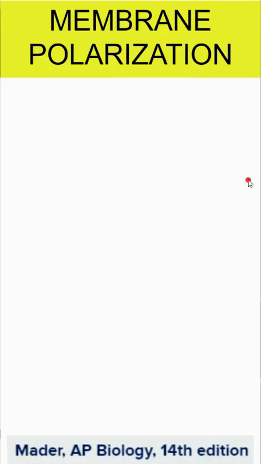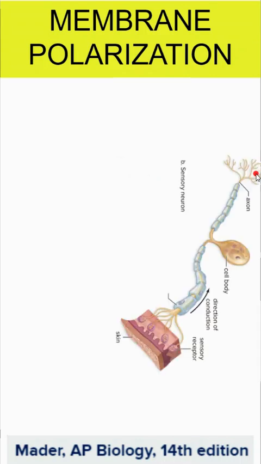Now, when we get into membrane polarization, there is a set voltage that exists inside membranes because of ions and charged particles. When we look at this from a human perspective, a lot of times the easiest example is the nervous system.